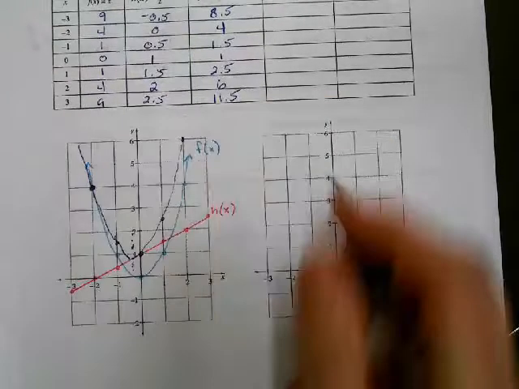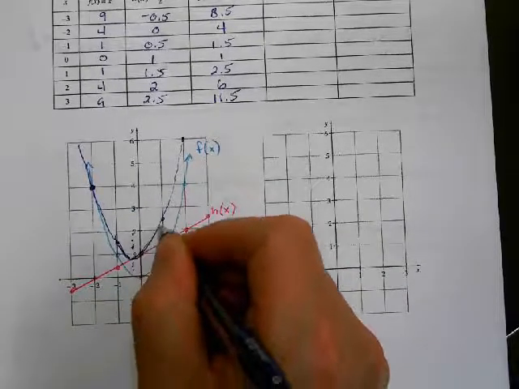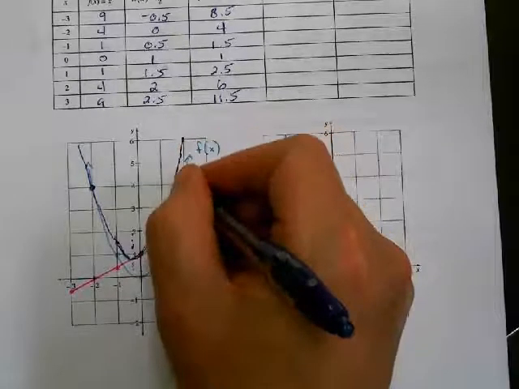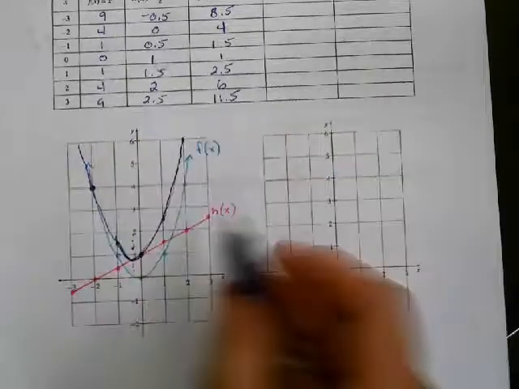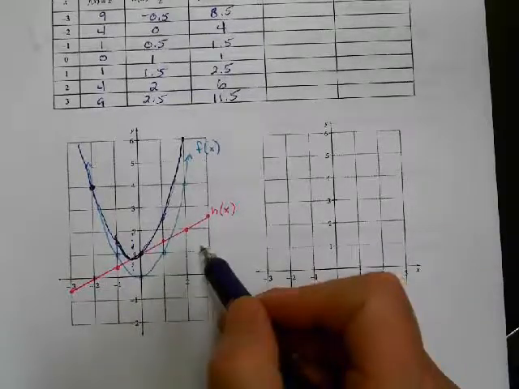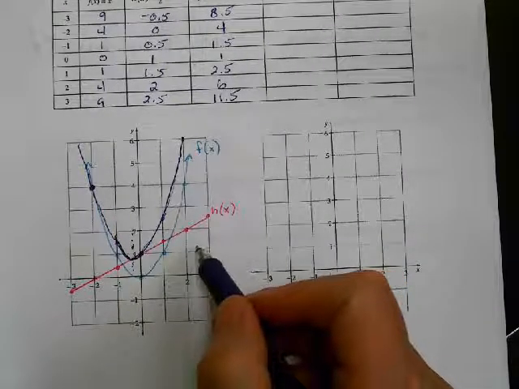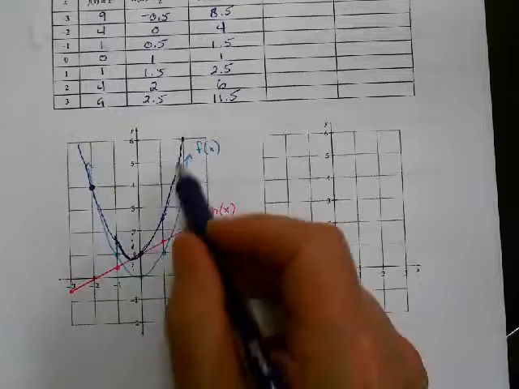So there's the new parabola. Wow, that was really bad. Okay, but we're going to be fine with it. So adding the linear and the quadratic together has shifted the vertex of our original graph there.